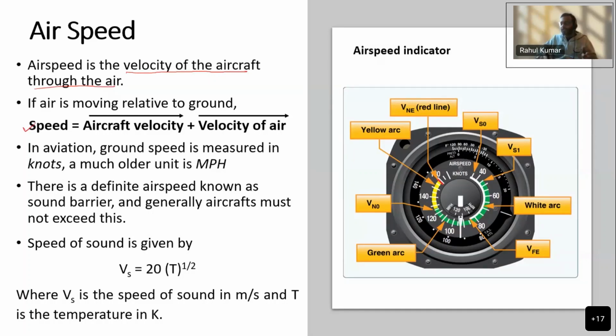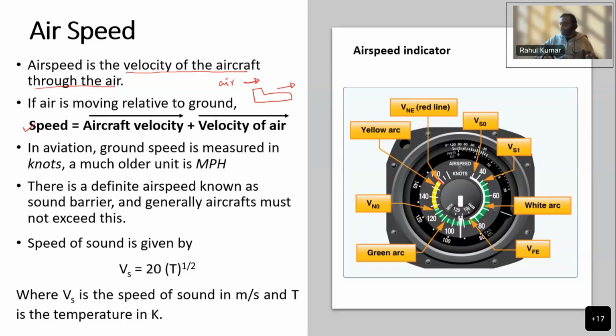In general, to understand it, if you have your aircraft and you have a tailwind, that means the aircraft and the air are flowing in the same direction, then your effective speed will increase. In vector addition, we also consider the direction.